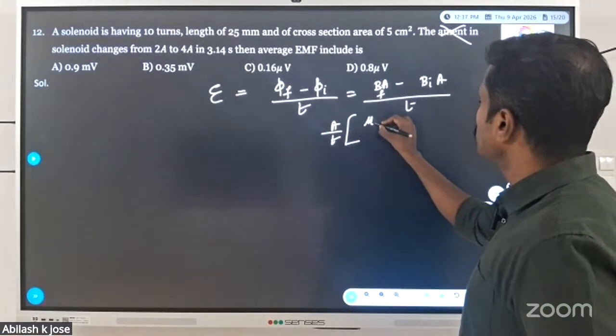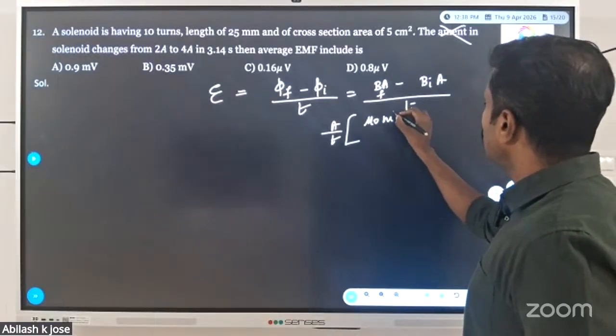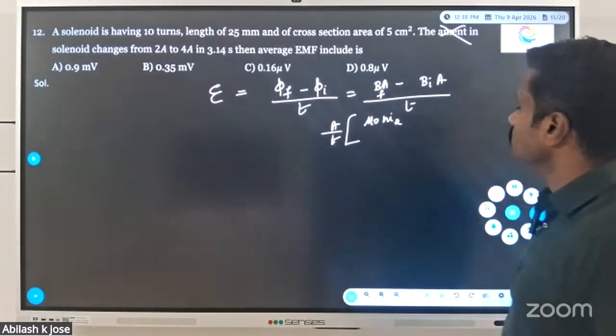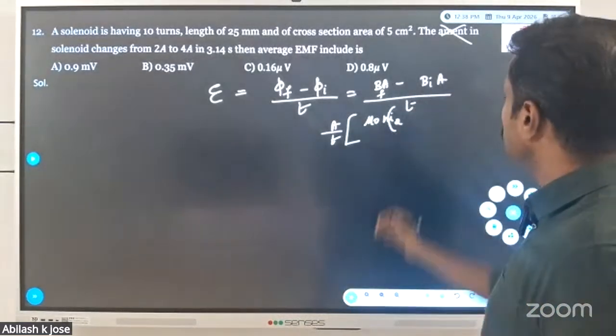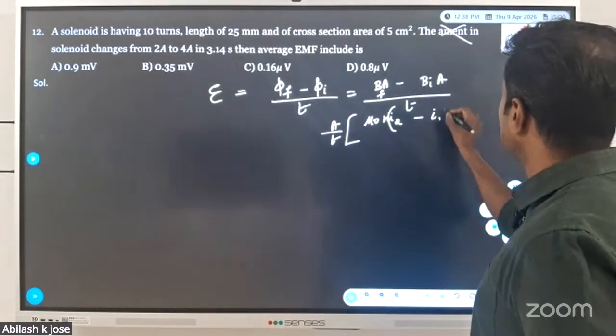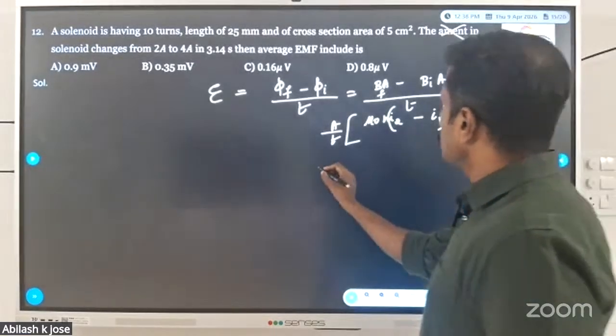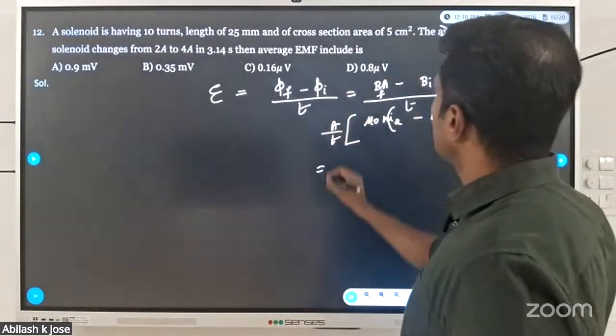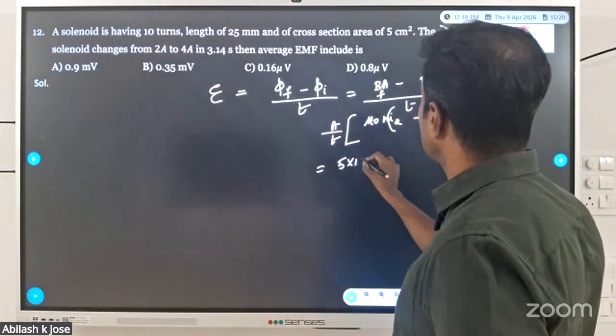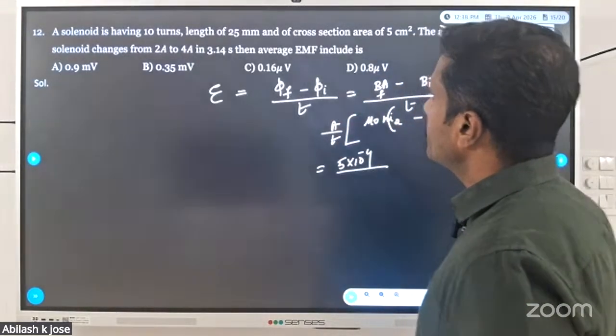B is mu naught n I. What is changing is current. So mu naught n I2 minus I1, take mu naught n common. Now substitute the values. Area is equal to 5 centimeters square, divided by time.